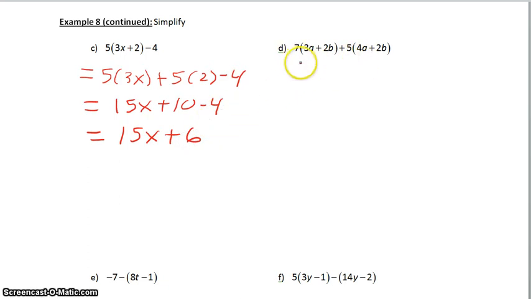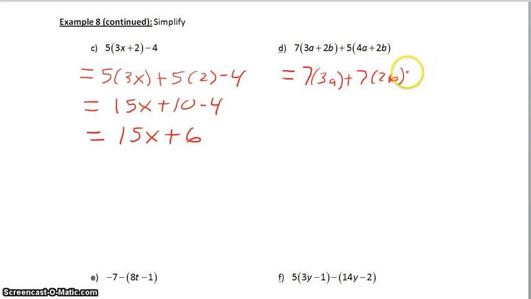Now in D we have two separate instances where we will use the distributive property. So we will go through and say 7 times 3a plus 7 times 2b. That would take care of the first distributive property.